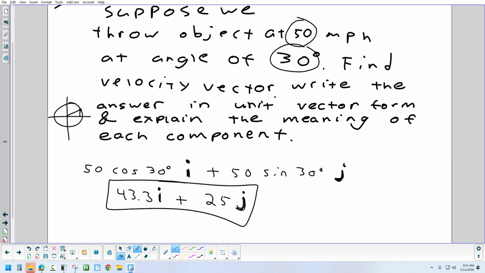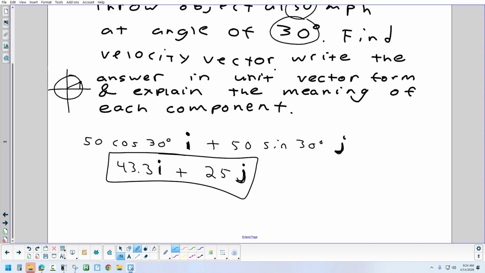So now it says to explain the meaning of each component. So what does the 43.3 mean in this problem? It's the horizontal distance the object's going. What do you mean the horizontal?